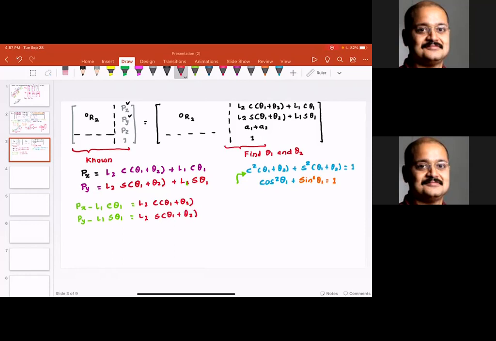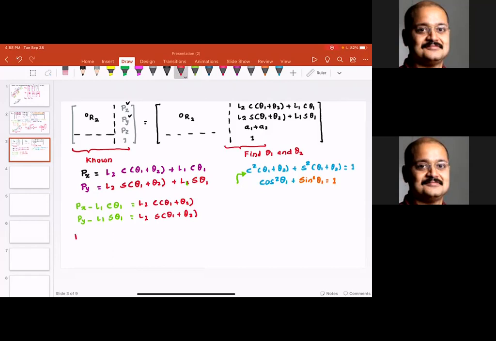Do you agree with me? I'm going to square both sides and add. Why am I doing this? So that I can eliminate the trigonometric quantities on the right hand side of the equation.